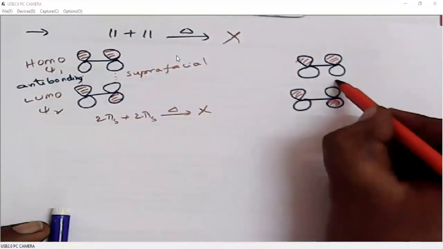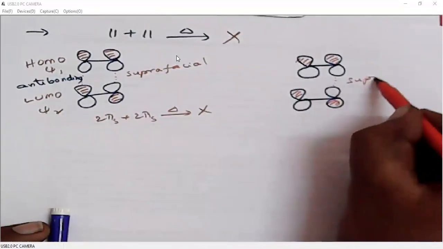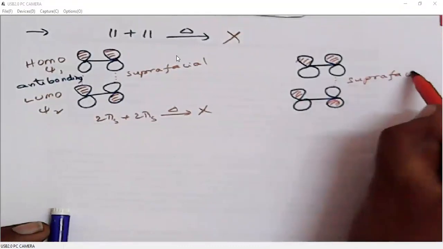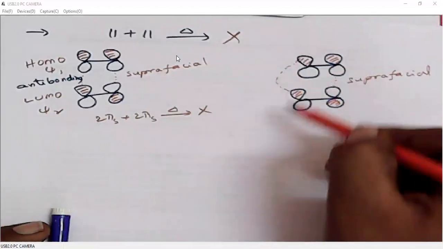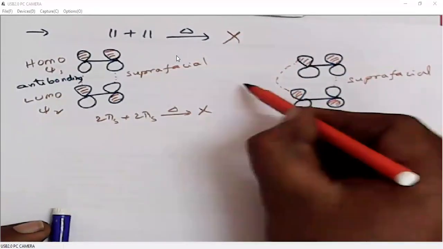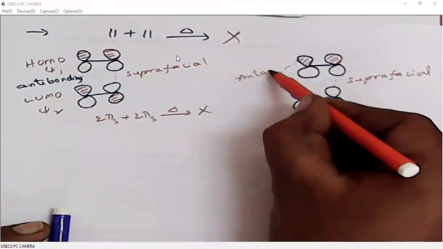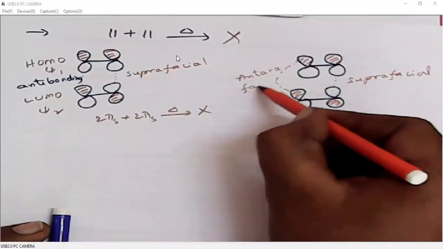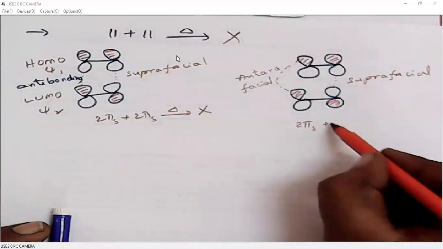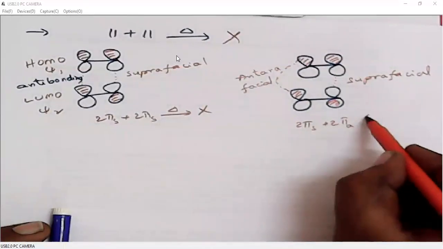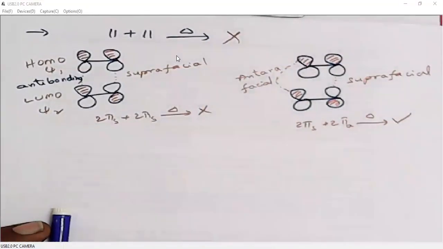Yes, this is suprafacial. This is possible. If this orbital can rotate, then it will give antarafacial bond formation. So 2 pi s plus 2 pi a under thermal conditions is possible.